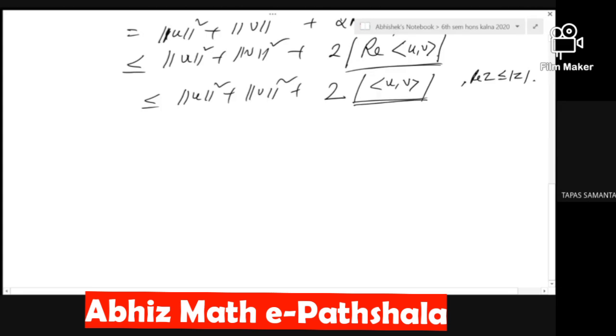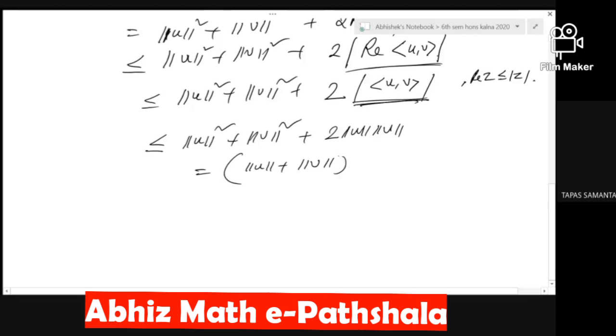Now, from the Cauchy-Schwarz inequality, we have already obtained that this is less or equal to norm u square plus norm v square plus 2 into norm u norm v. So that means it is norm u plus norm v whole square.